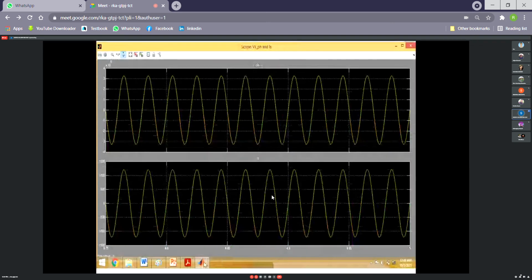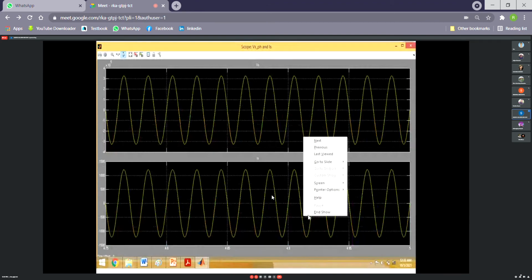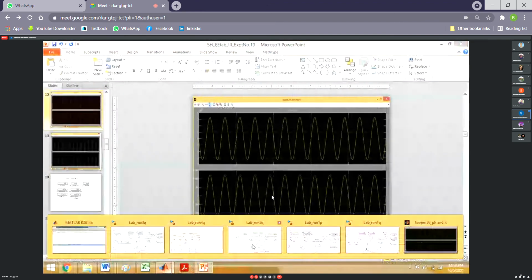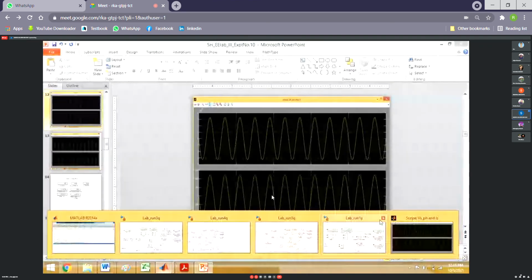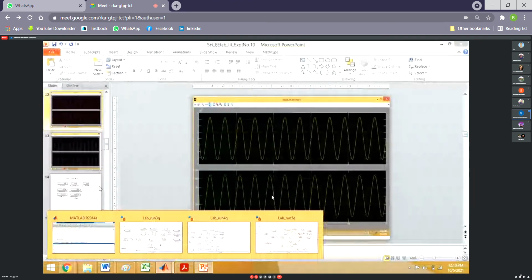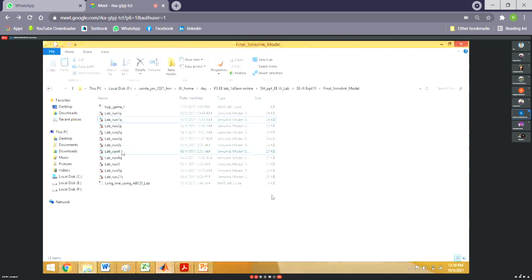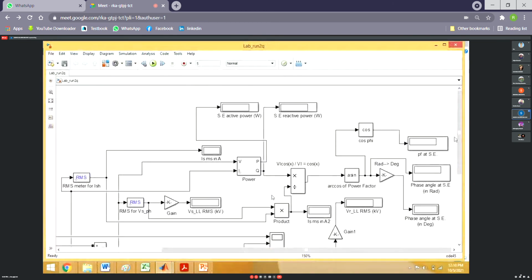So if I go to the model, I am now showing only with the Vi sin phi mode, because you know in both the cases the result will come the same.